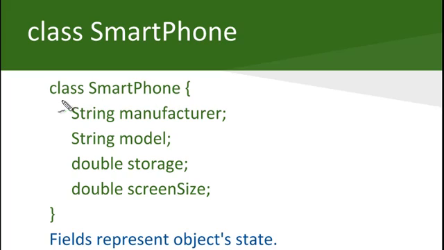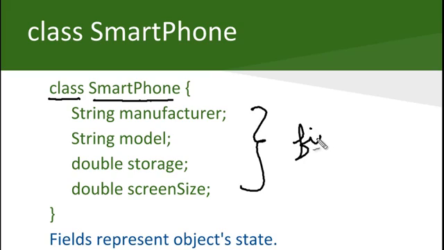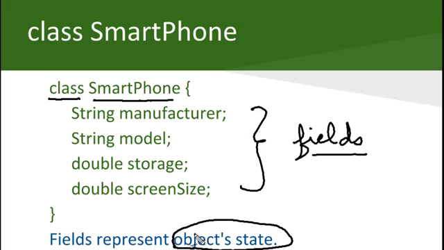Let us now write the code for the same, as in how it will look in Java. So we use the class keyword and we define the name of the class, smartphone. Now what you are looking at are fields, and these fields define the state of the object.